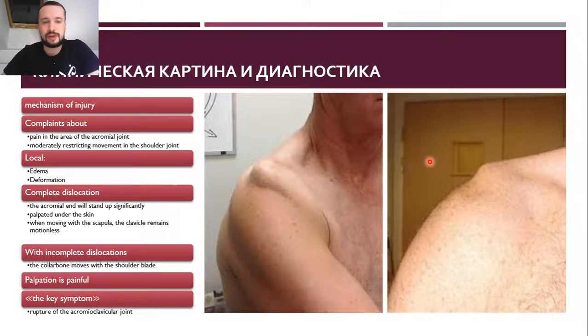A characteristic mechanism of trauma in the anamnesis. Like always, first of all, we ask the patient what happened to him, and he says, I fell on my arm, for example. Complaints of pain in the acromial joint area, moderately restricting movement in the shoulder joint. At the site of the injury, swelling and deformation are noted, the severity of which depends on the presence of a complete or incomplete dislocation.